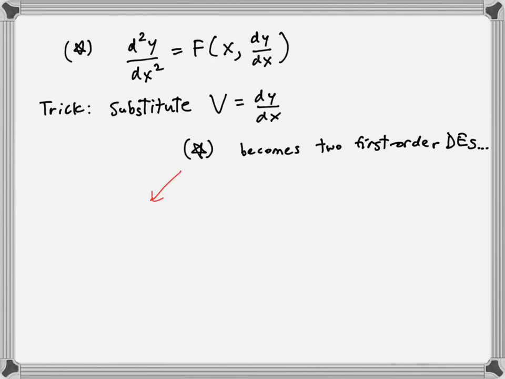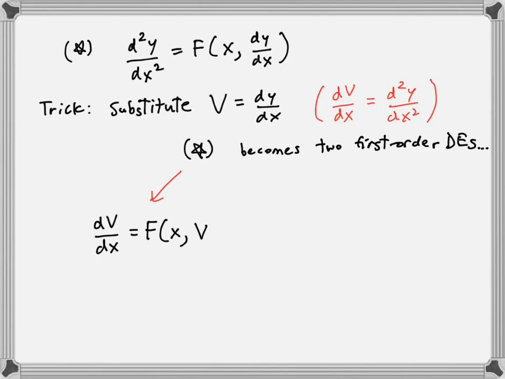So what do I mean by that? So what two differential equations does this become? Well, the first differential equation is, think about it, if v is equal to dy dx, then doesn't this mean that dv dx is equal to the second derivative of y with respect to x? All I did was I took the derivative with respect to x of both sides. So then one of the things that star becomes is as follows. dv dx is equal to f of x, v.